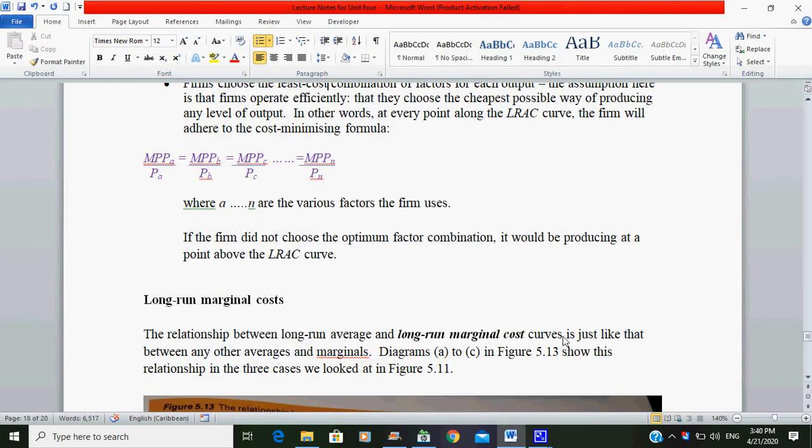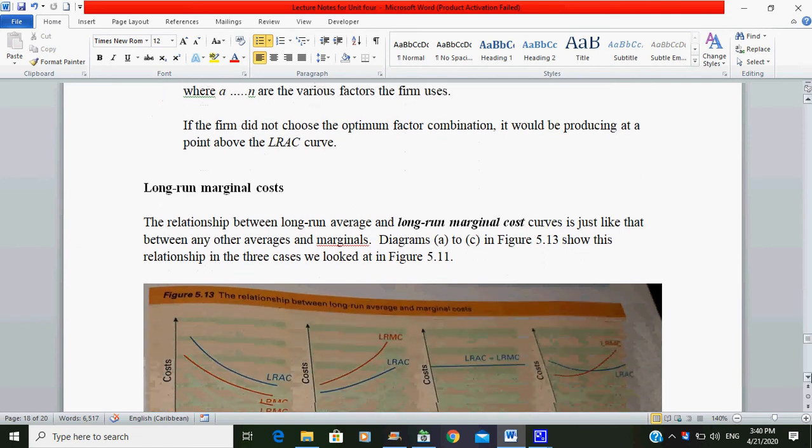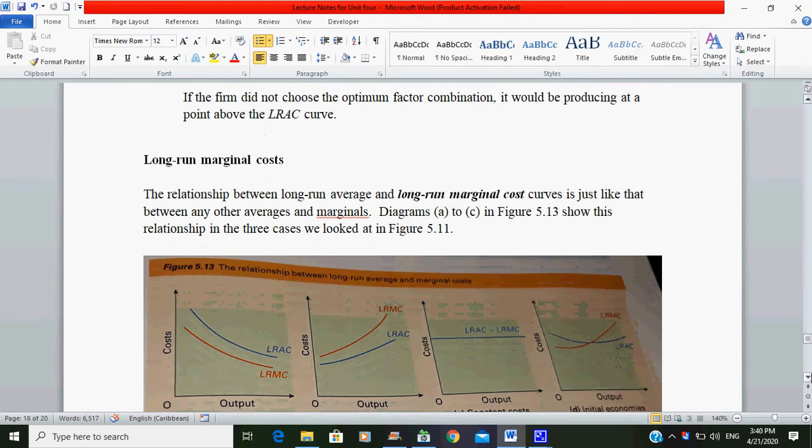Now look at the long run marginal cost. The relationship between long run average and long run marginal cost curves is just like that between any averages and marginals. Diagrams A to C in figure 5.13 show this relationship in the three cases we looked at in figure 5.11.